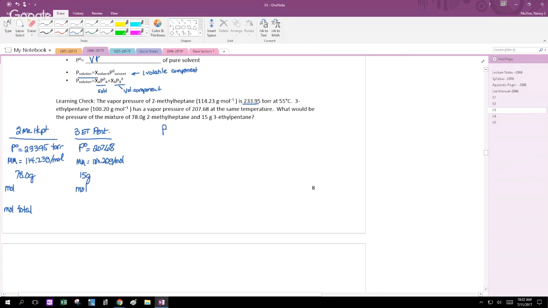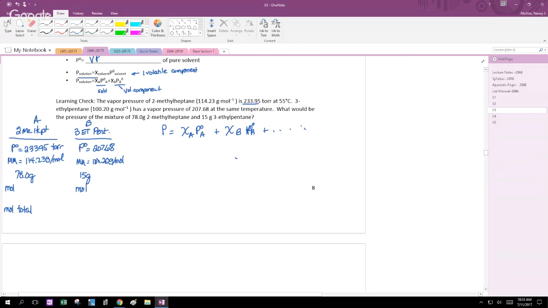And my total vapor pressure is going to be based on moles of, I'm going to call this one A, call this one B. Mole fraction of A times its pure vapor pressure plus mole fraction of B times its pure vapor pressure. If I had another component in there that was volatile, then I'd have another term.